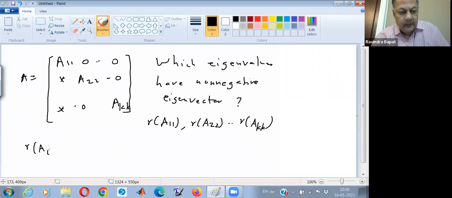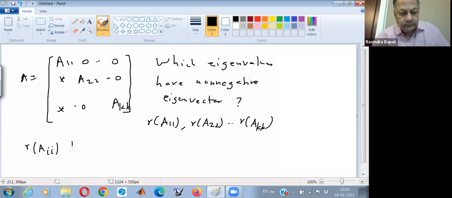But R(A11), spectral radius of A11, spectral radius of A22, these are the possible eigenvalues which may have a non-negative eigenvector. No other eigenvalue is going to work other than these eigenvalues. But these eigenvalues themselves are also not all going to work.